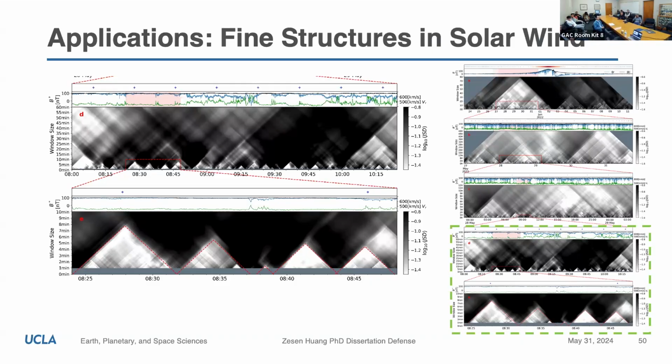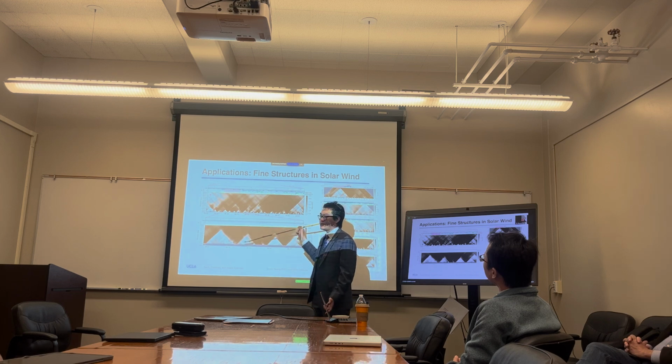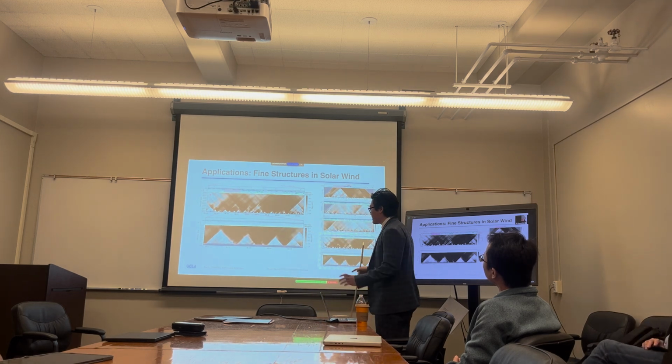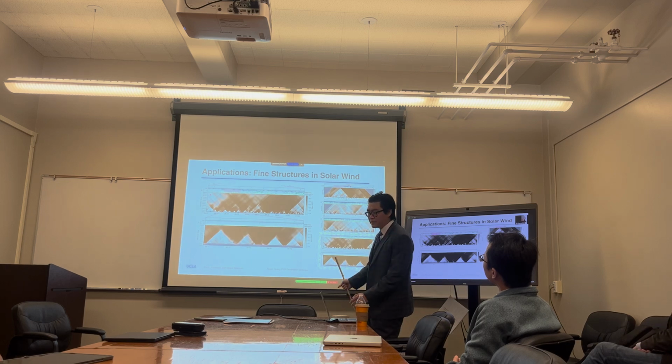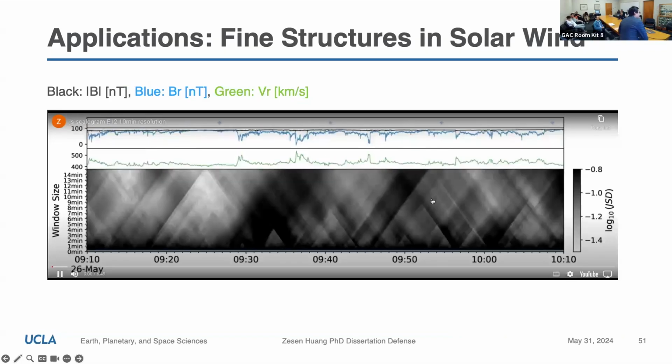It doesn't have any features, but you can still extract a lot of information from it. This is one of the most interesting discoveries I made with this method: we found this universal 1-minute structure everywhere in the sun. By everywhere, I mean it's really everywhere.